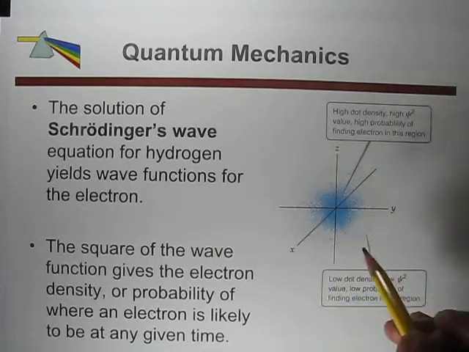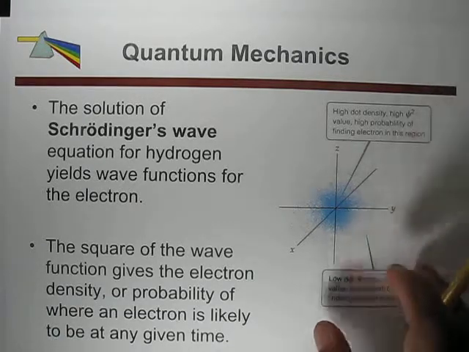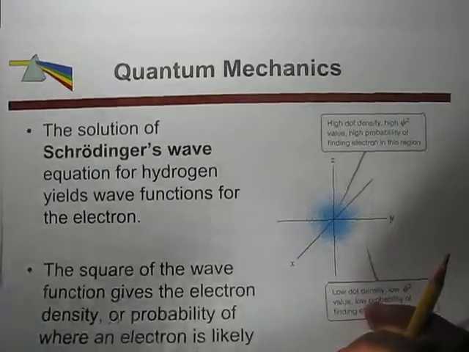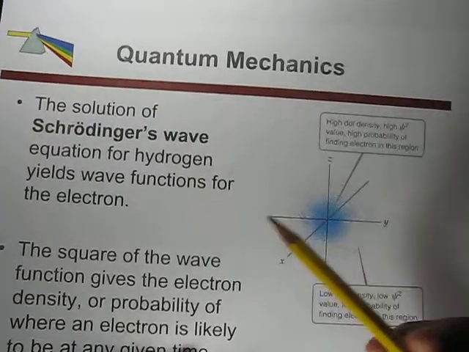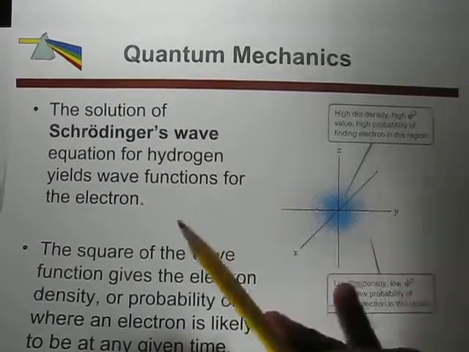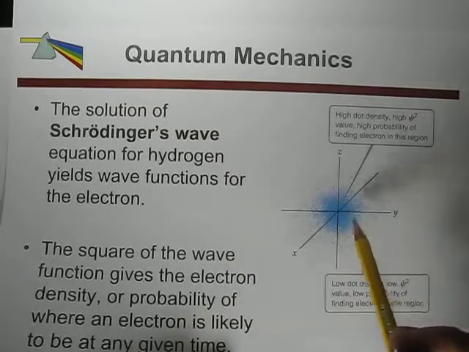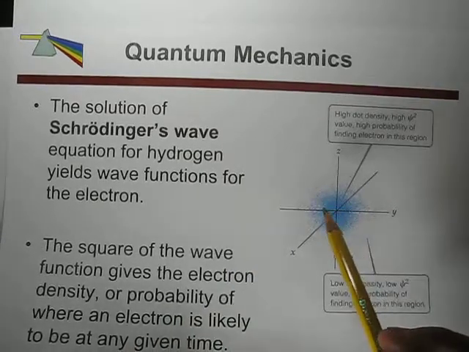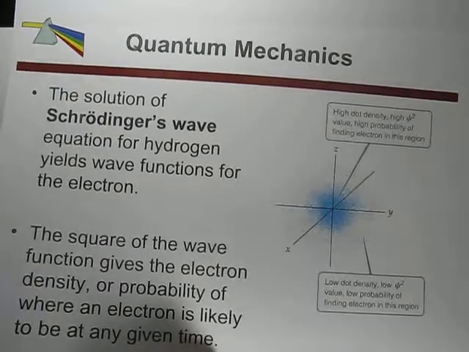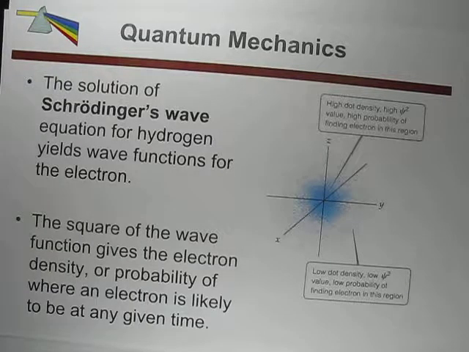So these theories were developed to explain quantum mechanics, how the electron behaves like a wave and particle, and how we can find its position at a certain time. We will see more about quantum mechanics in the next video.